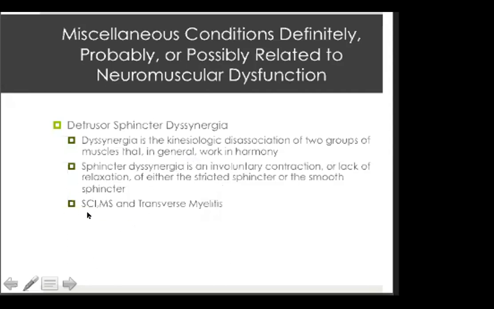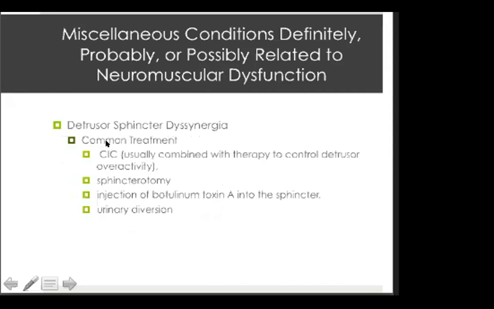So it happens in patients with spinal cord injury, multiple sclerosis, or transverse myelitis. So the common treatments are the following. Clean intermittent catheterization, which is usually combined with therapy to control the detrusor activity. We can do also sphincterotomy, injection of botulinum toxin A into the sphincter, or urinary diversion.